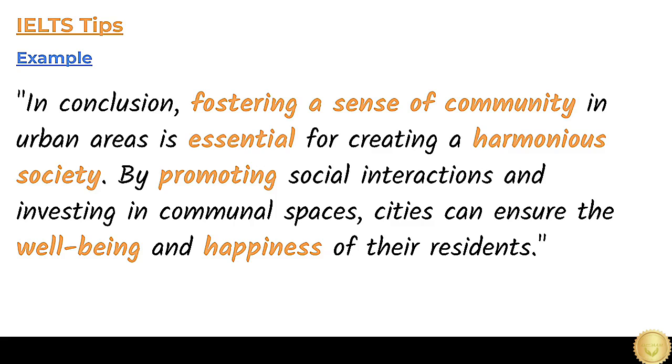By promoting social interactions and investing in communal spaces, cities can ensure the well-being and happiness of their residents. All the words and phrases in orange are great here. They're adding interest and depth, and we have relationships happening here. We know the connection between the nouns, so this is a great example.